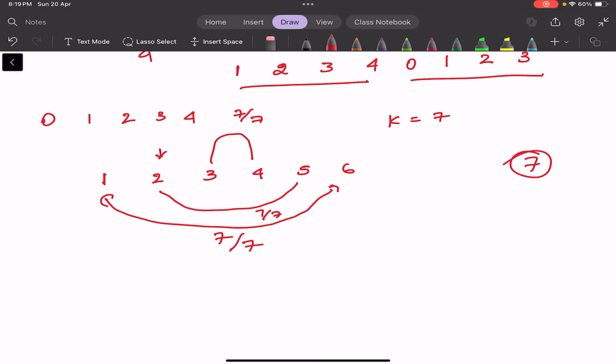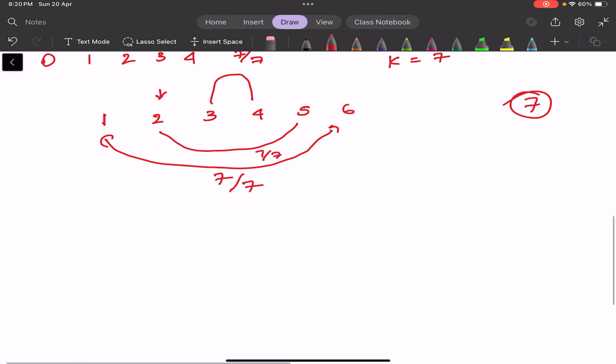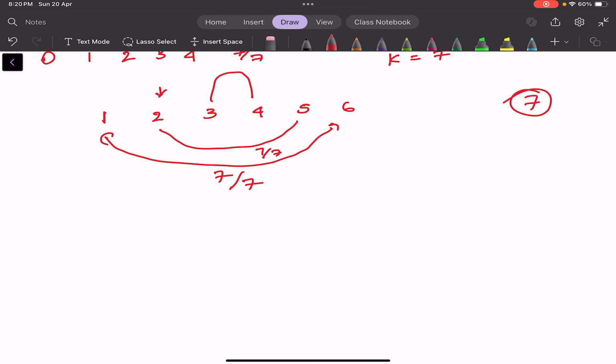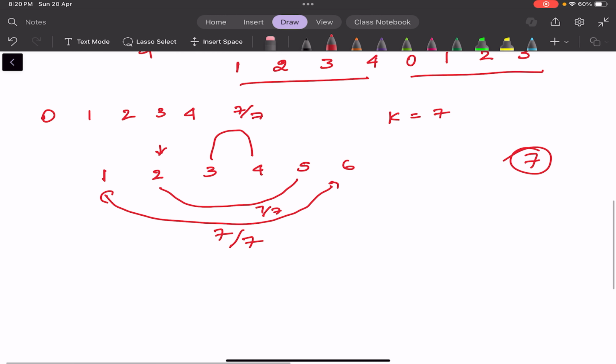No matter what number we have in our array, if we divide everything by k, we will always get numbers between 0 and k minus 1, right? Here also you can observe that the numbers are between 0 and 6. So it was easy for us to find the pairs, right?